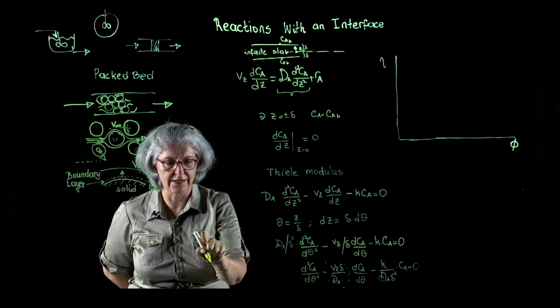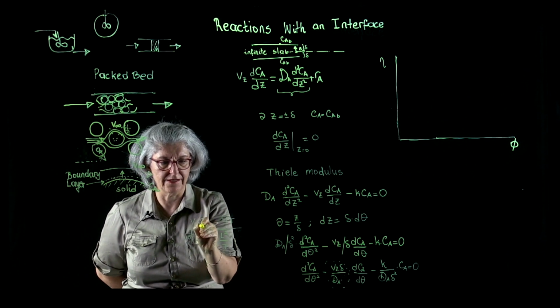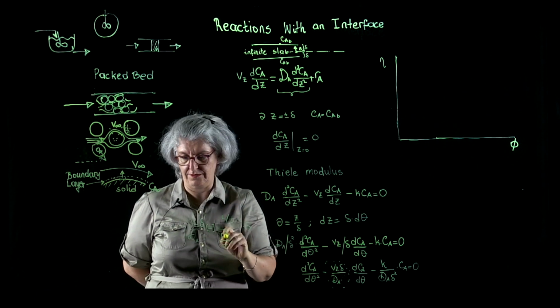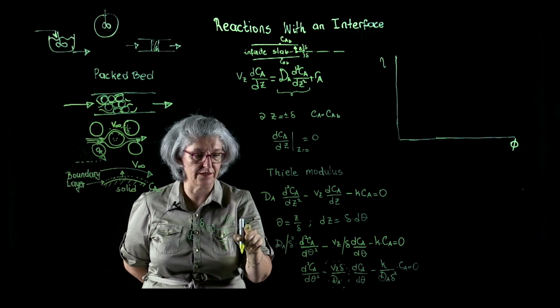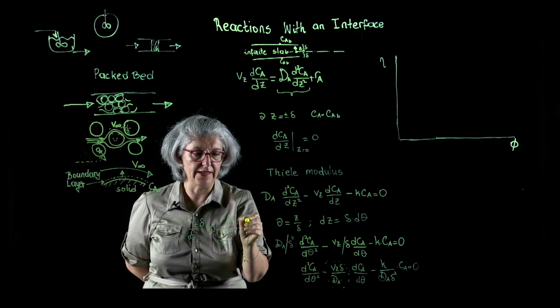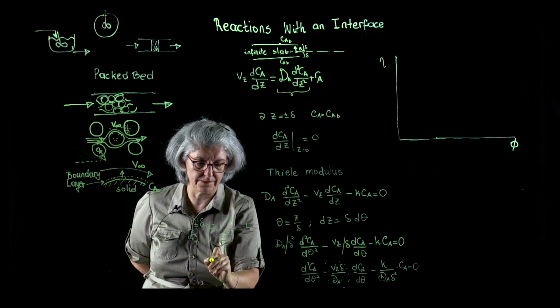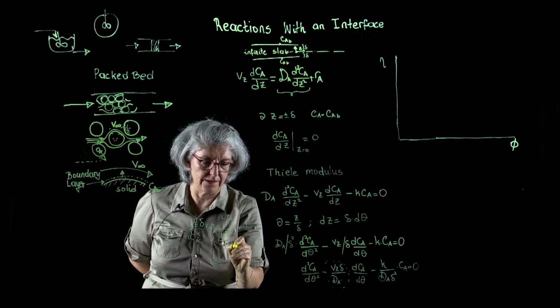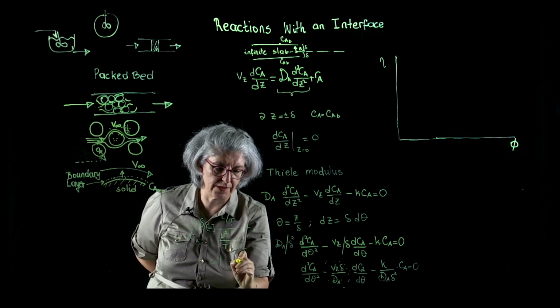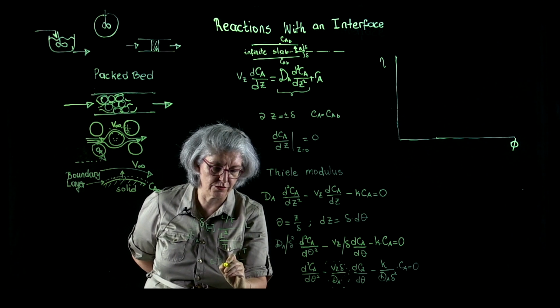So V_z delta, when we make mistakes, we just take the responsibility and correct it. Delta is here, this is length. So we have length square over time divided by length square over time.